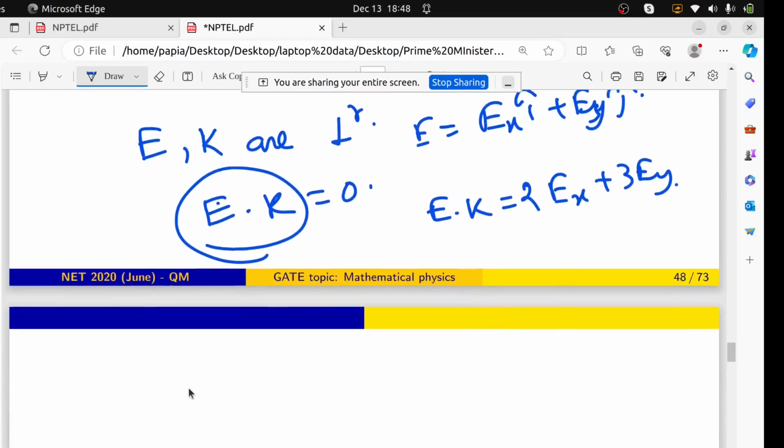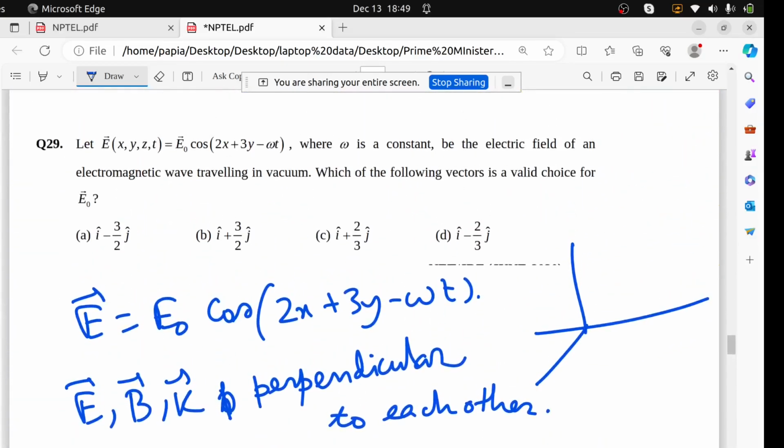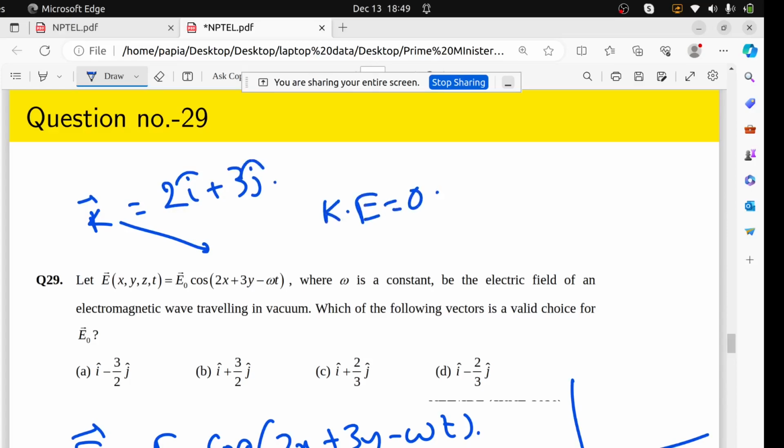Okay? So now see the options here. I'm just going directly to the option. Our K was, from this expression, 2i cap plus 3j cap, and our K dot E should be 0. So which condition will be the one?